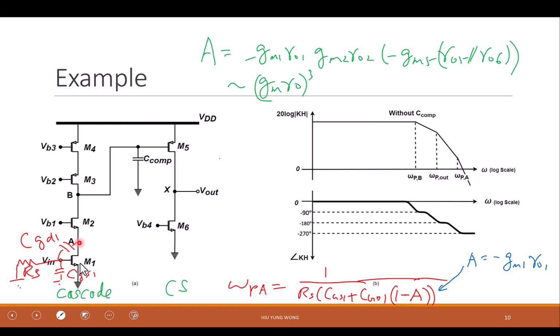But now the point is, in common source, what is the gain of a common source? Negative GM? Only RO for a common source? RO parallel RD, yeah, and negative. Good. Then where is the RD? No, where?